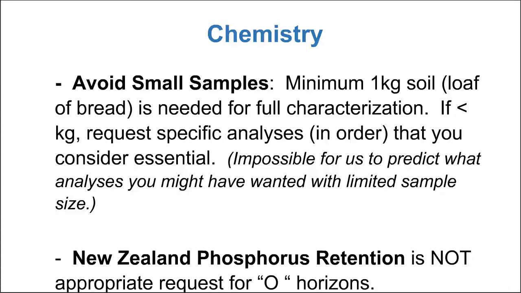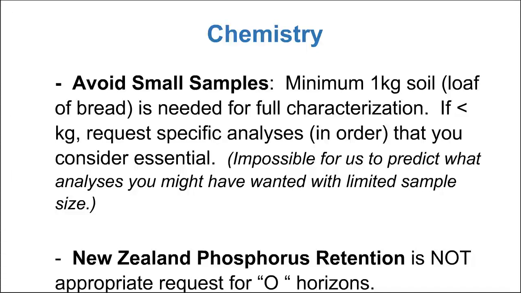Yes, this is Patty, and I just want to briefly say that we need a minimum of 1 kilogram of soil, especially if you want the saturated paste analysis. That analysis requires about 200 to 300 grams of the processed soil. If you have less than a kilogram, please let us know which analysis you really want.